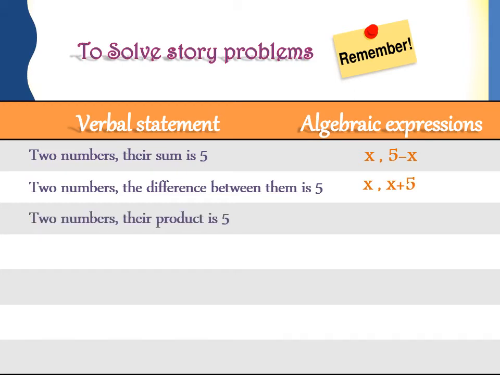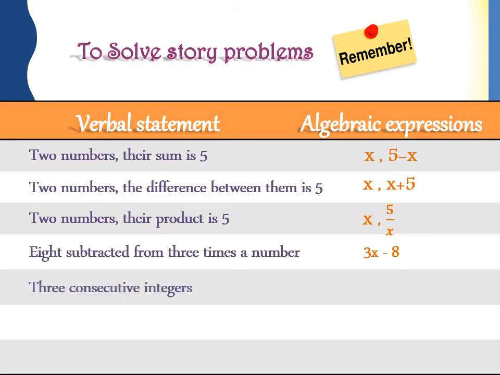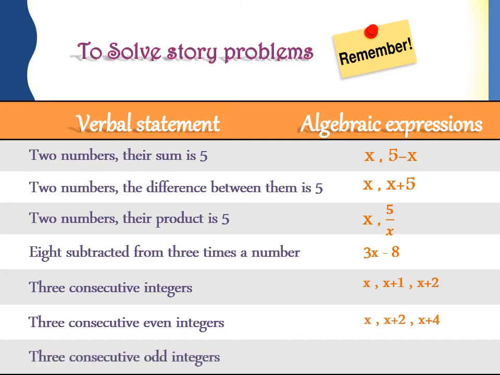Two numbers, their product is 5, then these two numbers are x and 5 over x. 8 subtracted from 3 times a number x means 3x minus 8. 3 consecutive integers, I can represent them as x, x plus 1 and x plus 2, while 3 consecutive even integers or odd integers, I can represent them as x, x plus 2 and x plus 4.